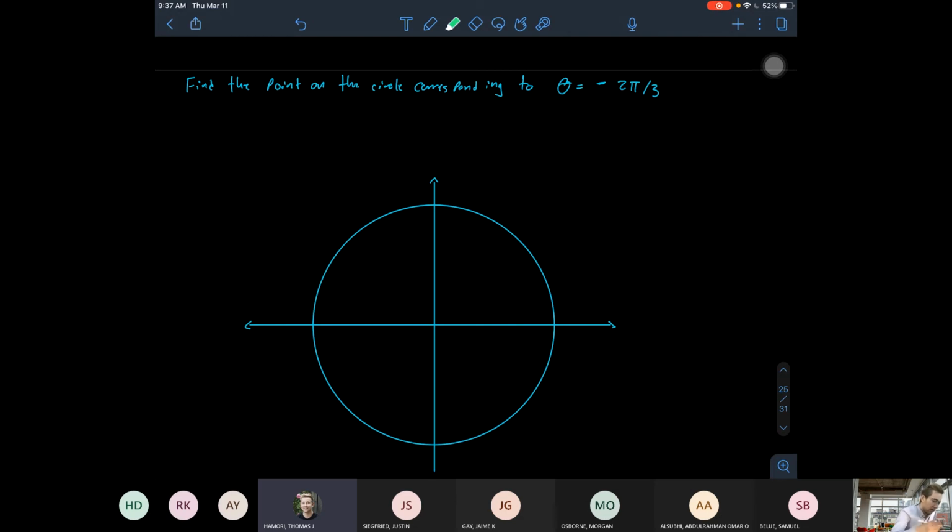Well, I can think about this in the following way. Negative 2 pi over 3 is a negative angle. And I know that pi is half a revolution.